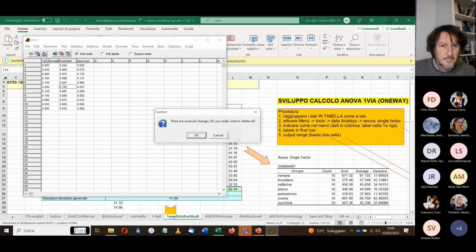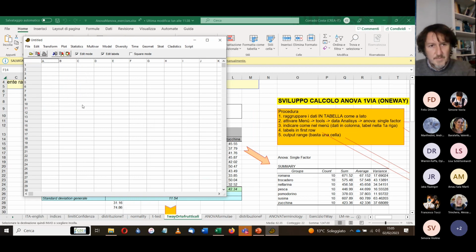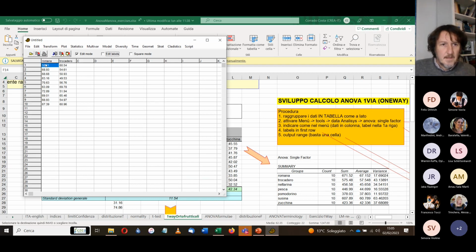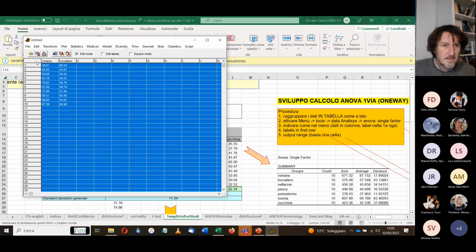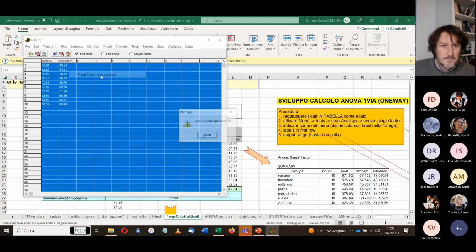File, new. Okay. Edit labels. We copy in A here. Paste. Edit labels. We select both columns here and we can go to Statistics, F and T-test two samples.